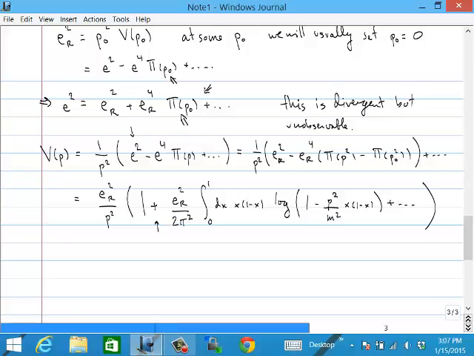I can do that because I'm subtracting off an overall constant term in pi, so I can just set it to be whatever I like. And I've set it here so that it looks like the log of 1 plus something. And the important point is that this is perfectly finite, and that this describes the corrections to Coulomb's law.